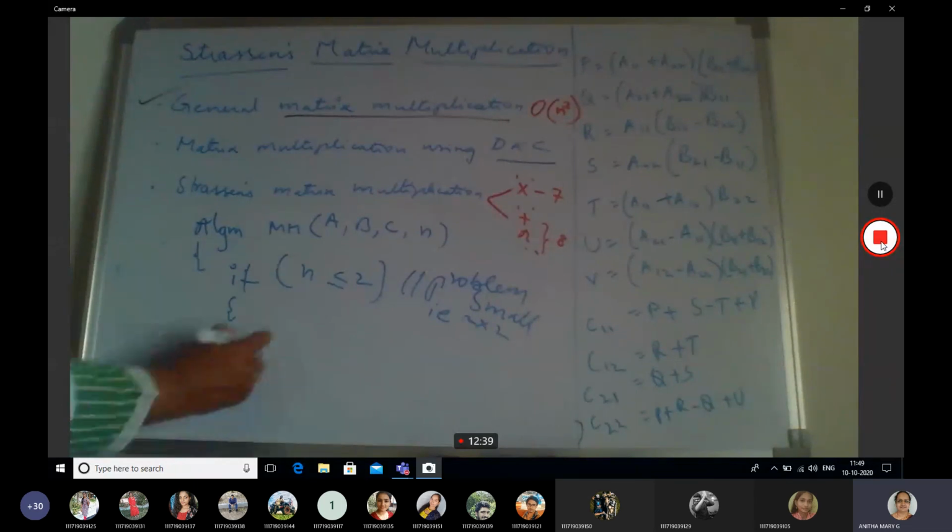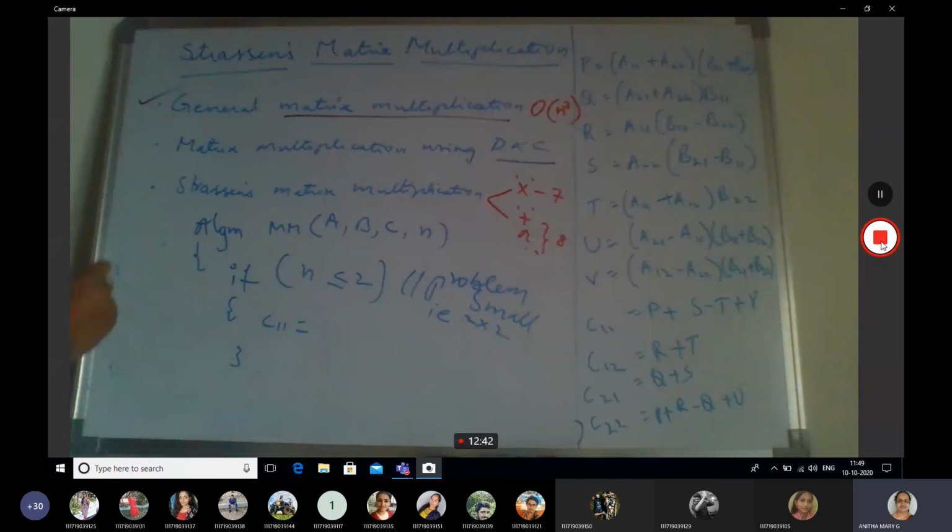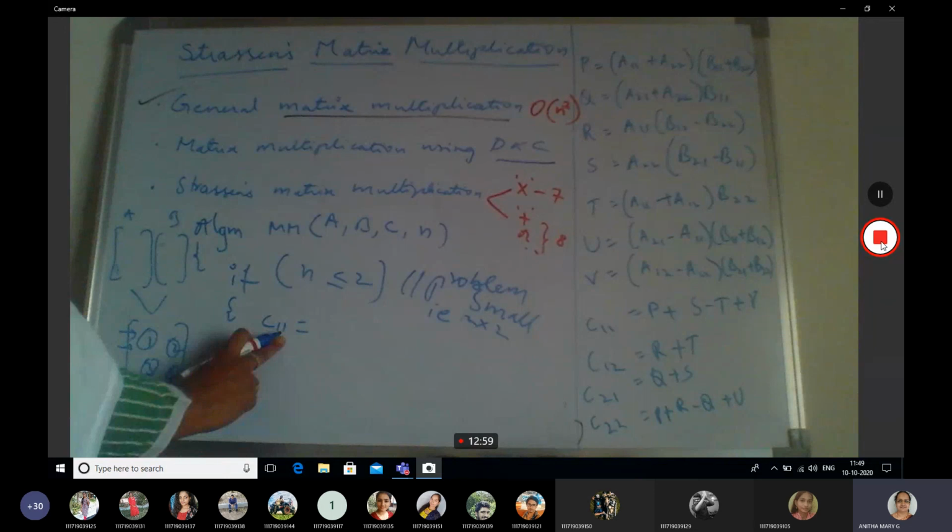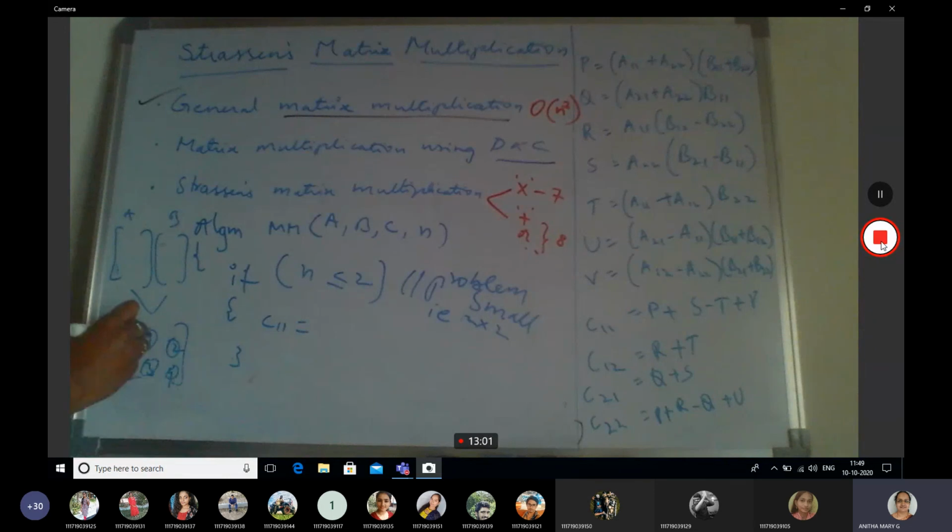So C11 is equal to, if you have this is A and this is B, and these two have to be multiplied and kept onto C. What will be the equations for each and every value here? First equation, second equation, third equation and fourth equation. First equation, how do we write? C11, in order to get this, this value into this one will multiply.